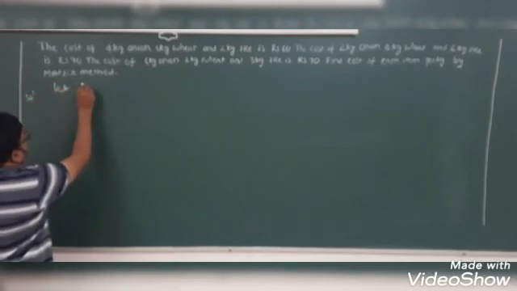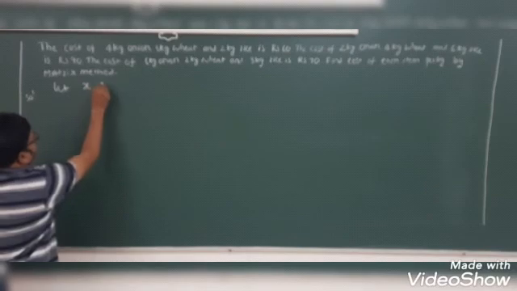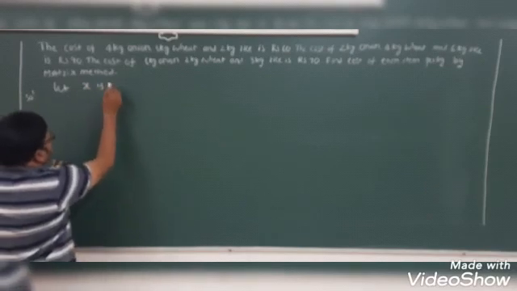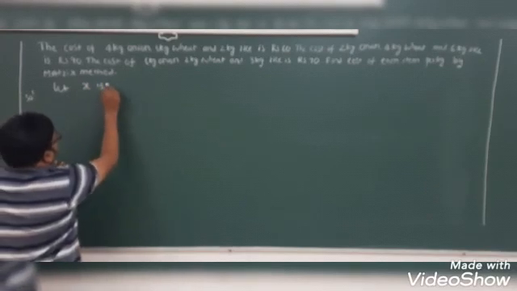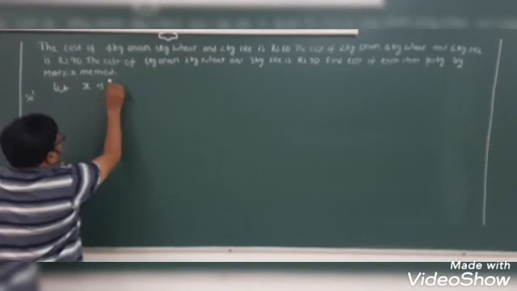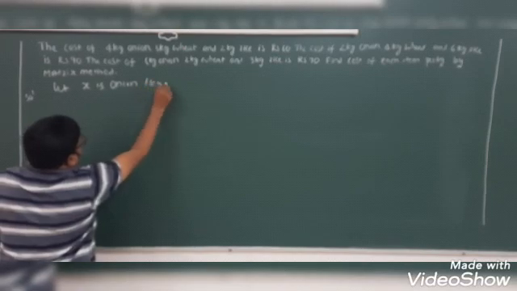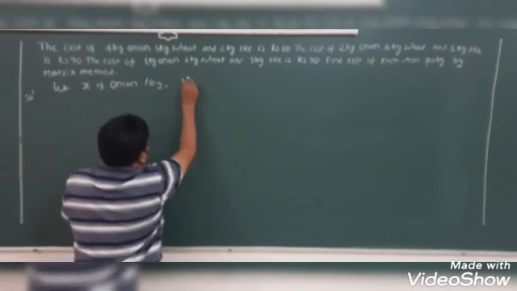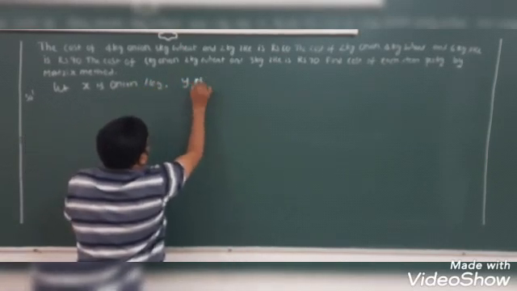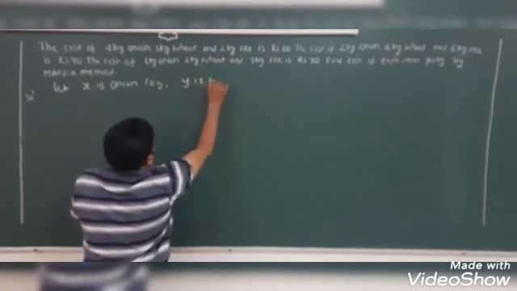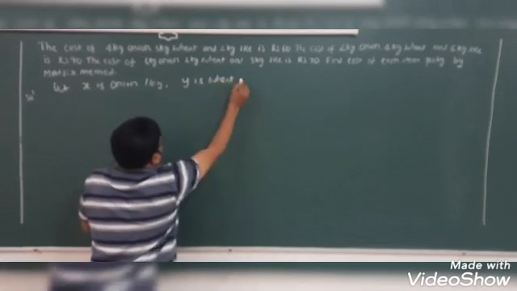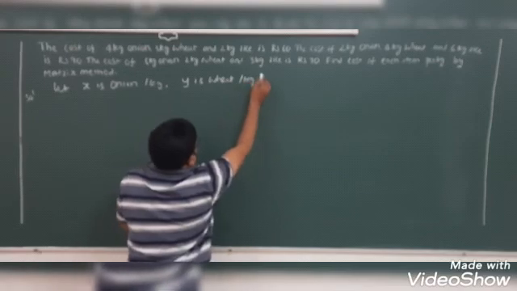Let x be onion per kg. Next, y is beet per kg.